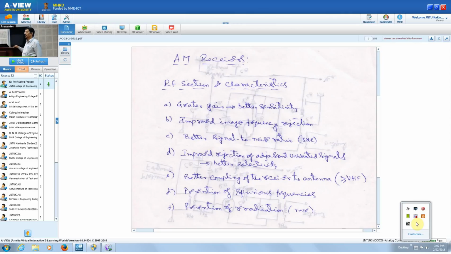A double tuned circuit also will be provided here. We are going to provide signal so that signal to noise ratio we reduce, having higher gain.